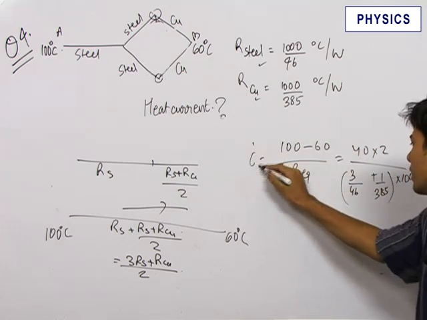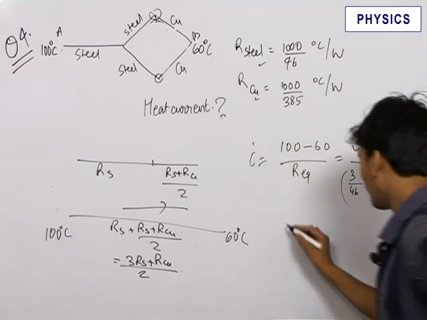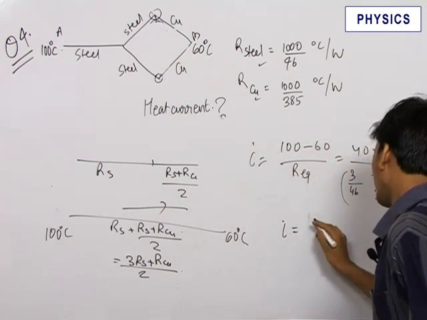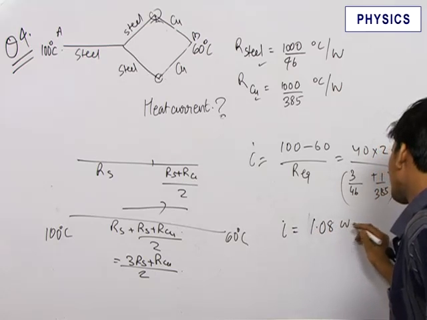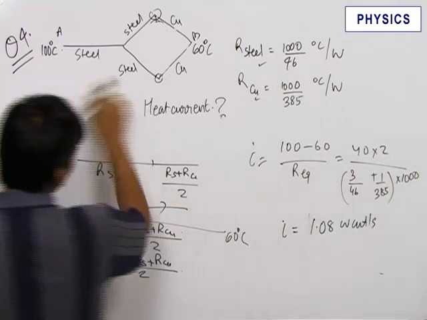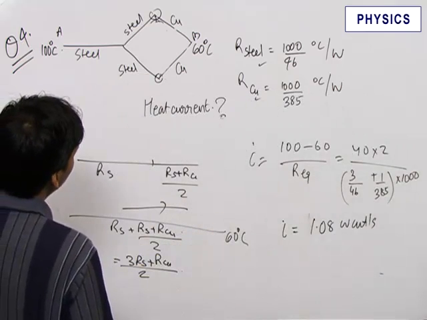This is the value of heat current. On solving this, we get the value of the heat current to be equal to 1.08 watts. So final answer for the heat current comes out to be equal to 1.08 watts.